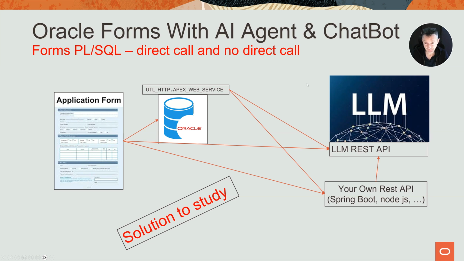Here are two options. You call the REST API directly, or you use a package in the Oracle DB, using UTL_HTTP or Apex web service packages, in order to do the call. This is the solution today. I didn't do a test.